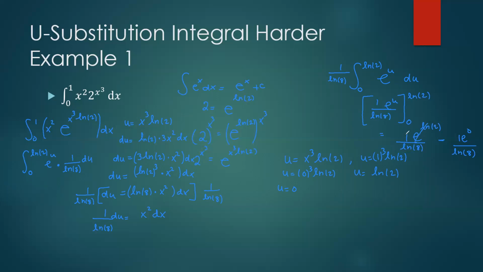So you're just left with 2 times 1, so that's 2 over ln of 8, minus e to the 0 is just 1, and then still over ln of 8. Okay, 2 minus 1 is 1 over ln of 8. That is your final answer.